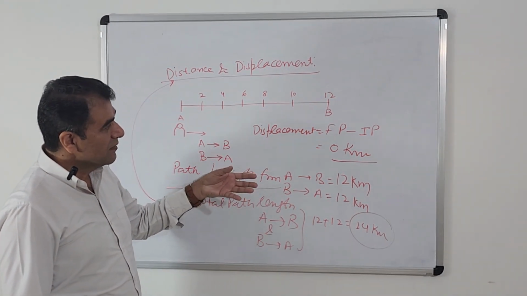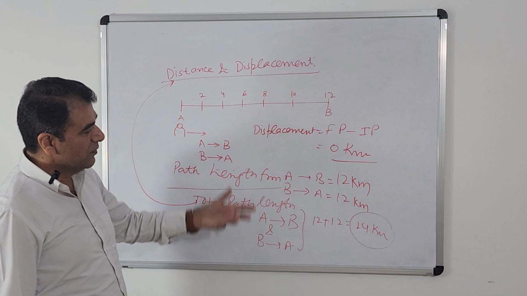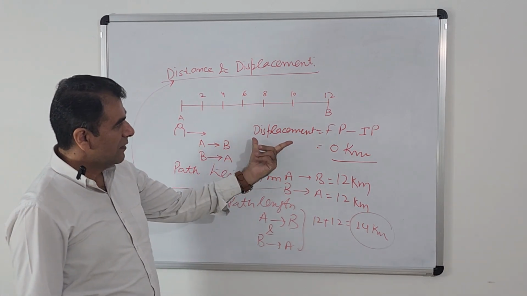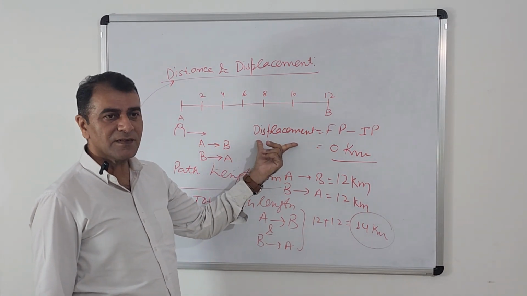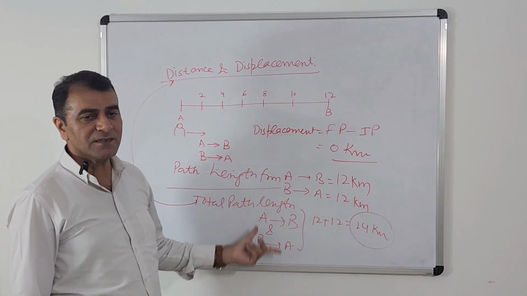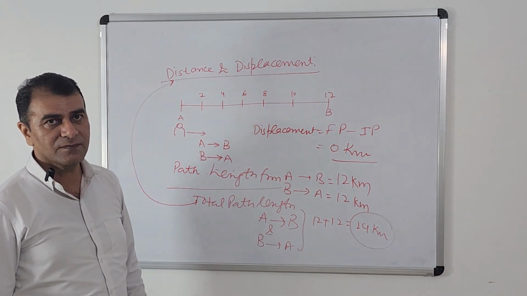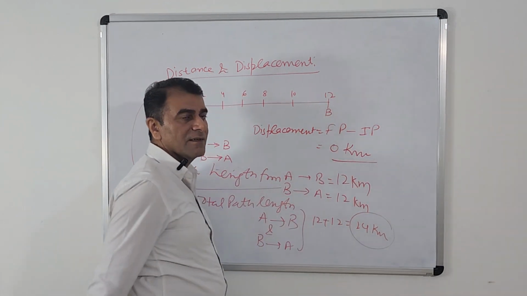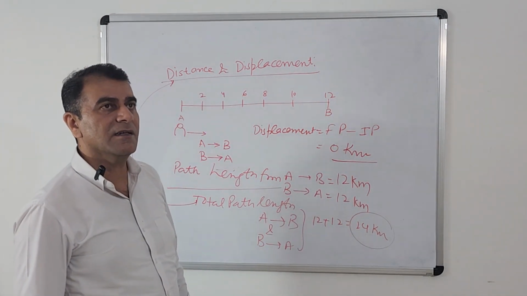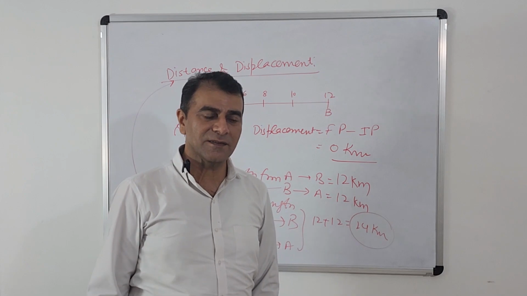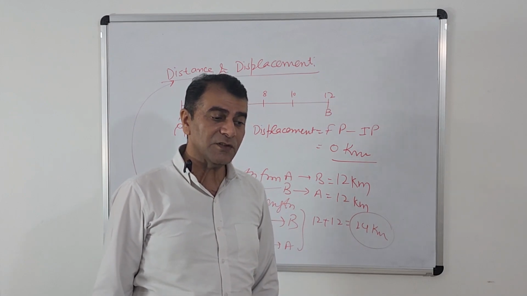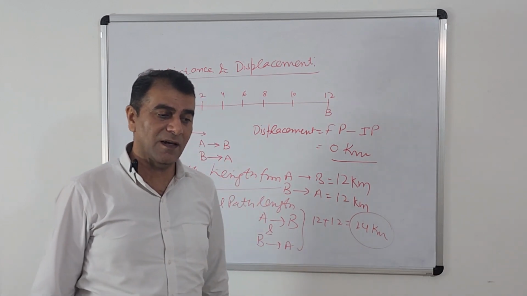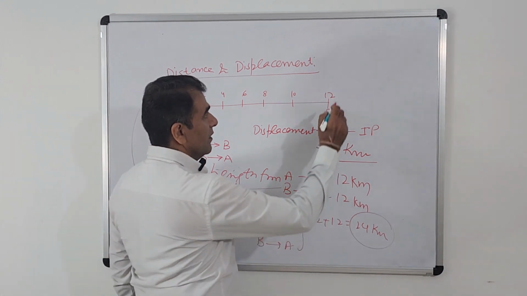Can you tell me some other example where displacement is 0 but distance is not 0? Yes. One example I remember when I was in 11th class in Khalsa College, Yamuna. My teacher used to tell me this example and I remember from that time.